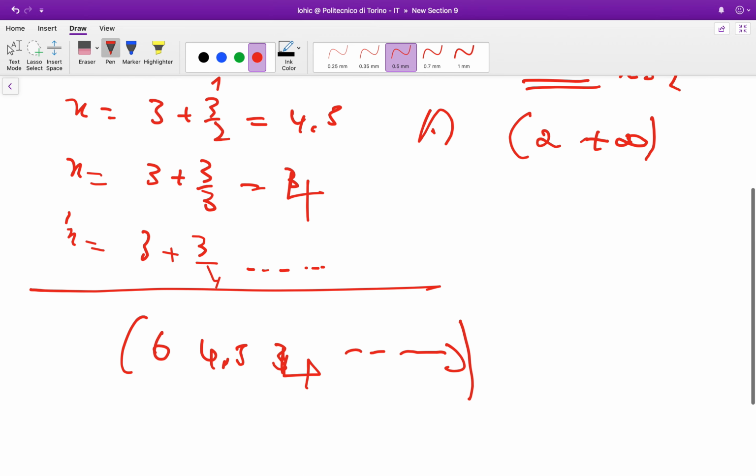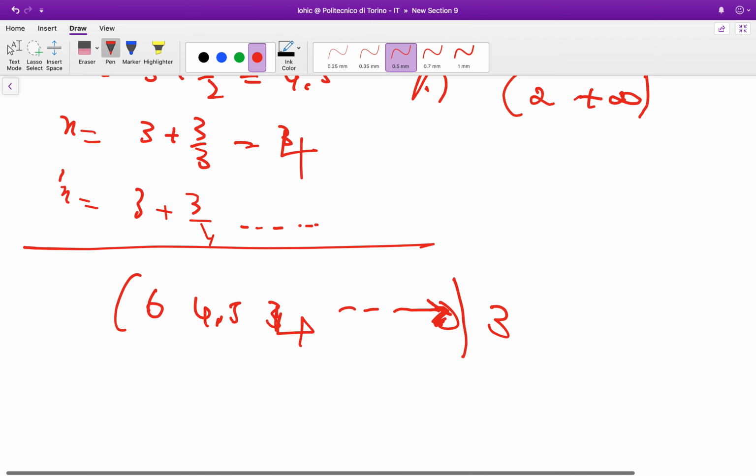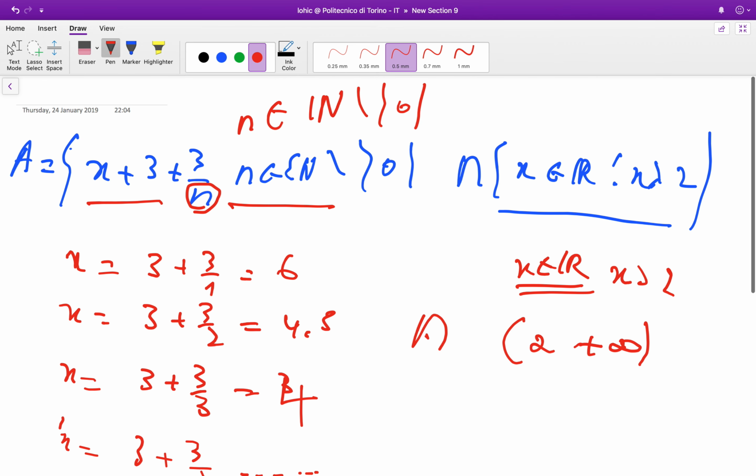We can go as close to 3 as we want, but we will never reach exactly 3, so 3 is out of the set.